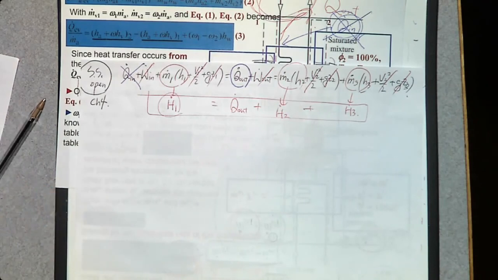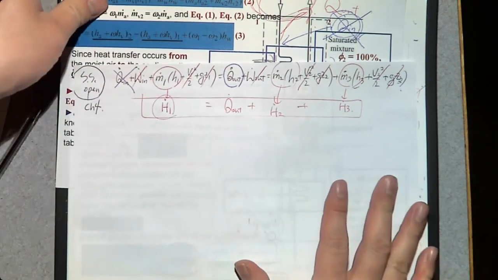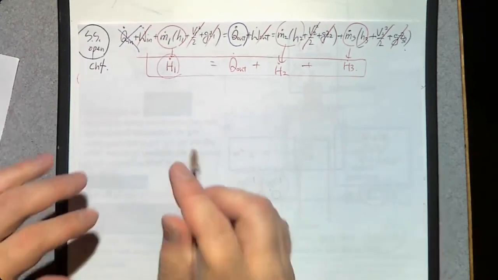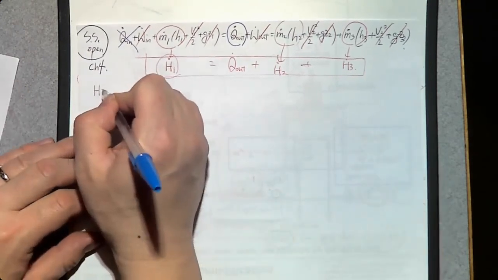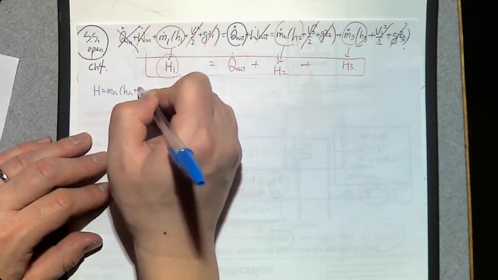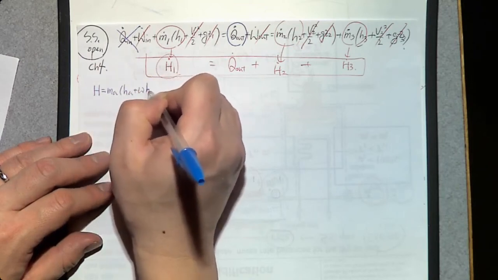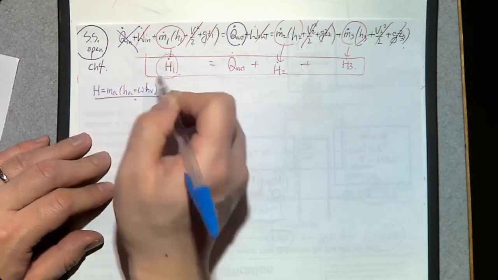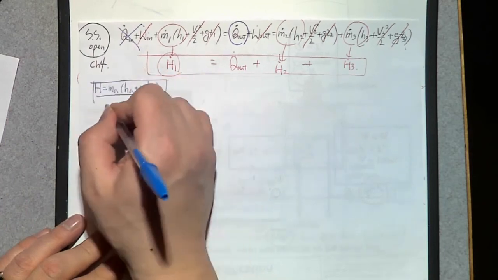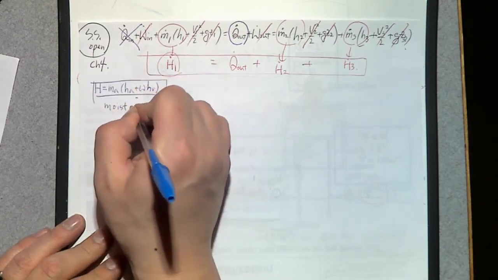But we don't want to use the energy balance equation as is. We want to use this form. H is MA HA plus omega HV, because we have moist air. When we have moist air, this is the equation.